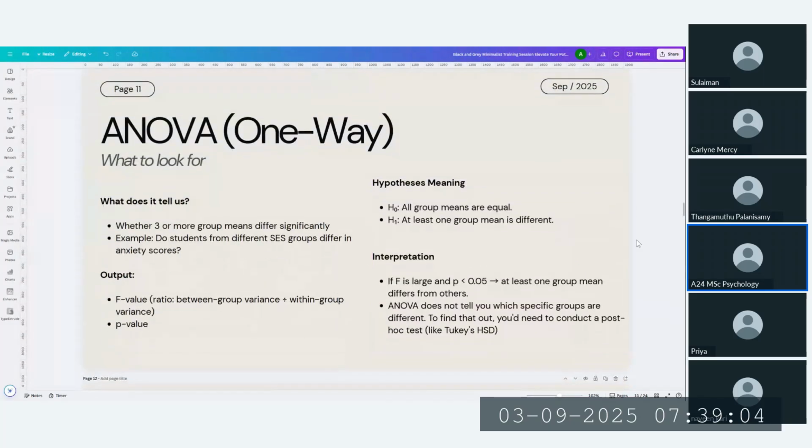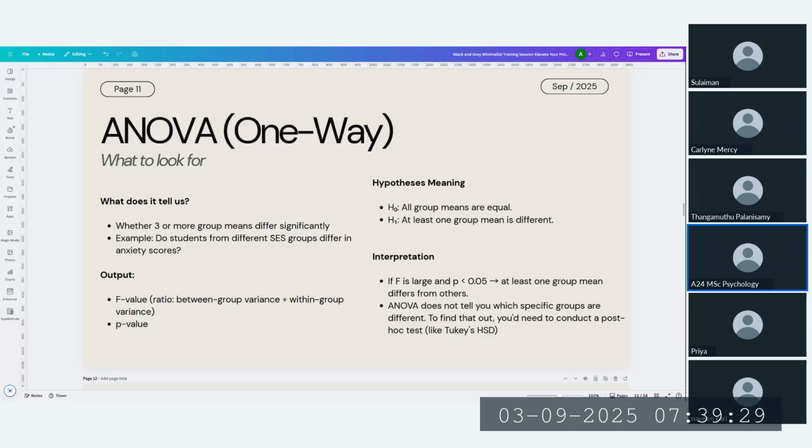Similarly, what do you look for? What does ANOVA tell us? It tells us whether the mean value of three or more groups differs significantly. For example, do students from different socioeconomic status differ in anxiety scores? Does it or not? That's all.